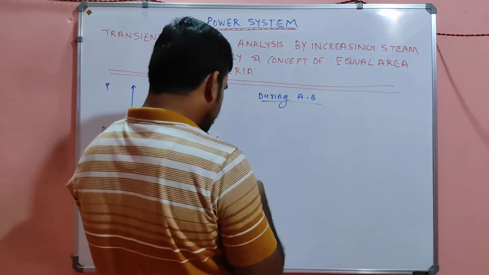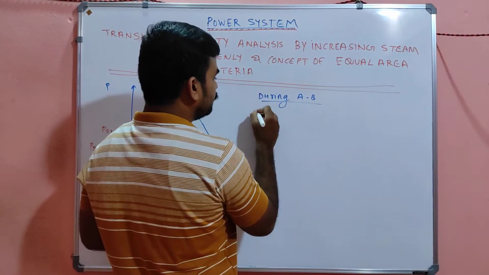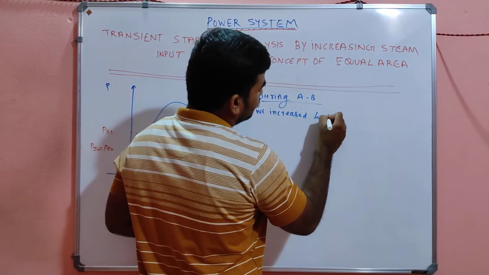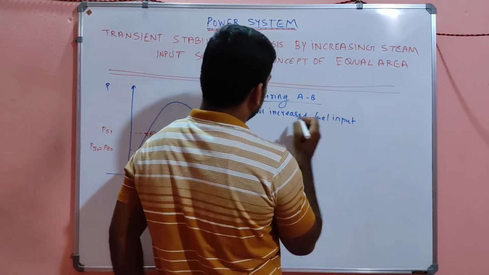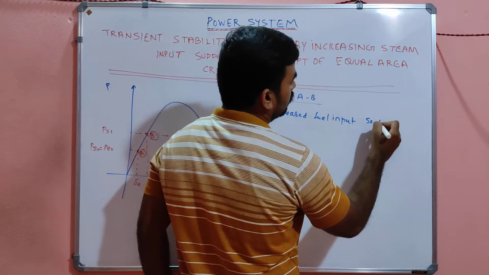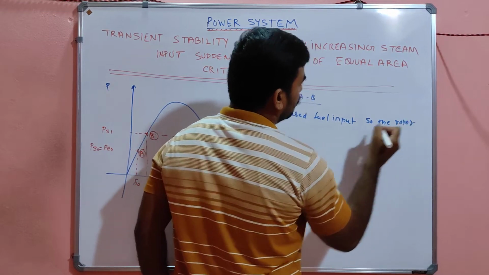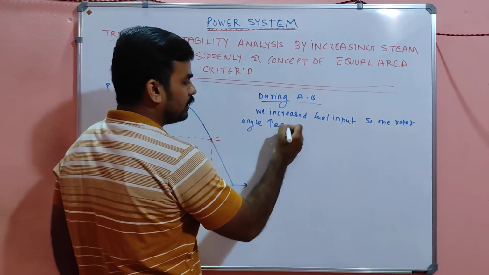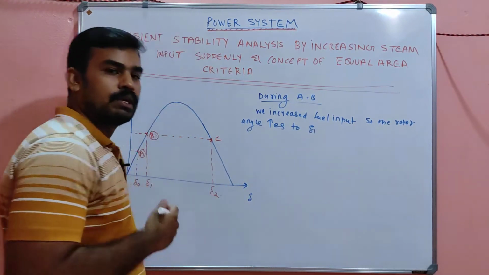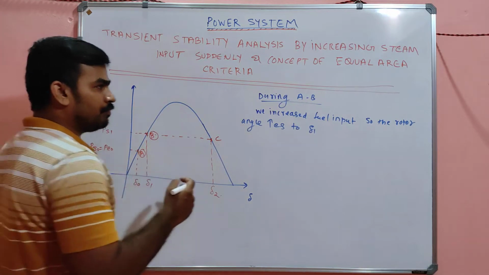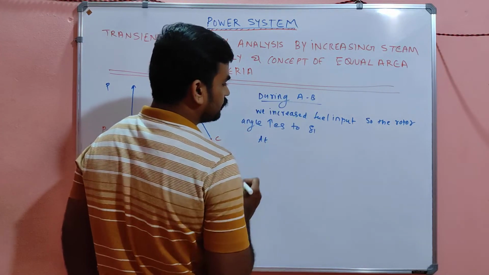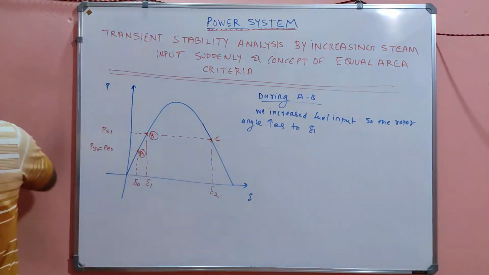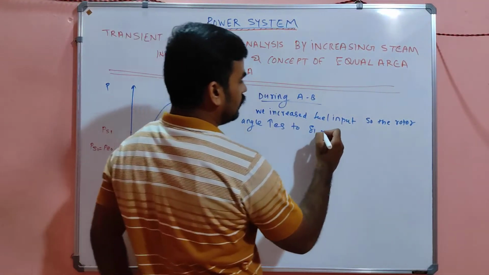During AB we increased the fuel input, so the rotor angle increases to delta 1.